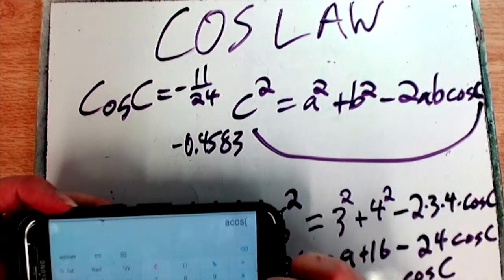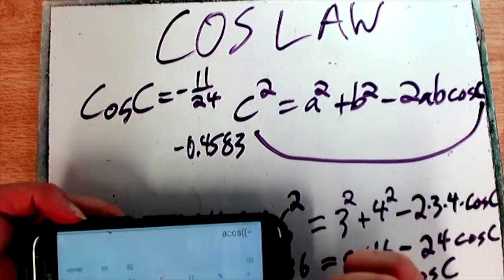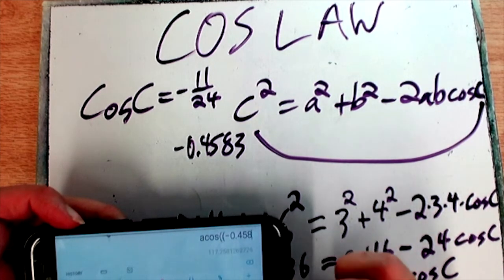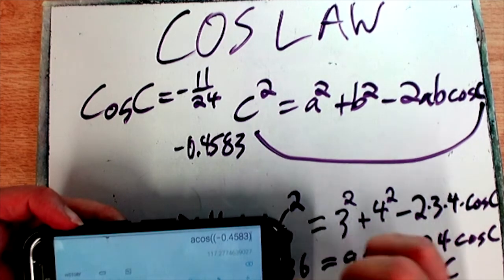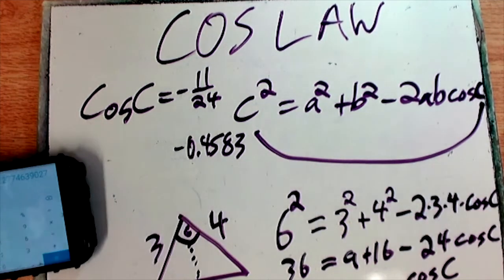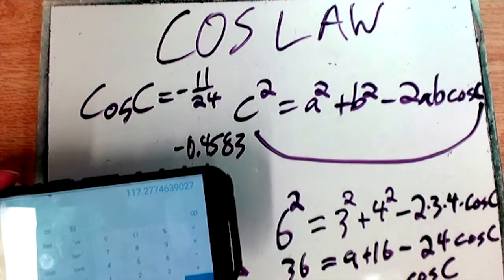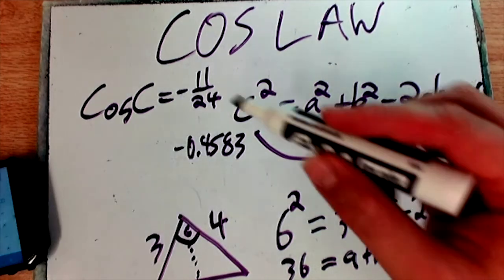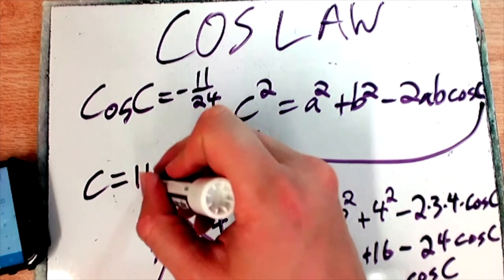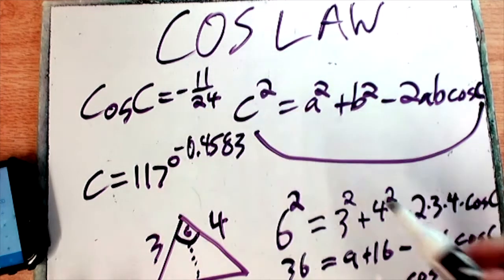So we've got negative 0.4583, close bracket, 117. So the number that spit out, and the angle C is 117 degrees.